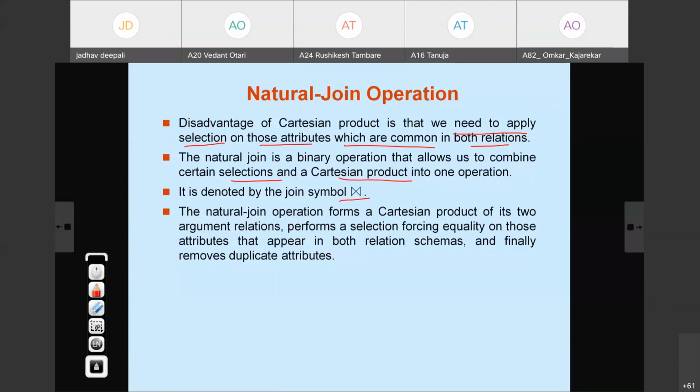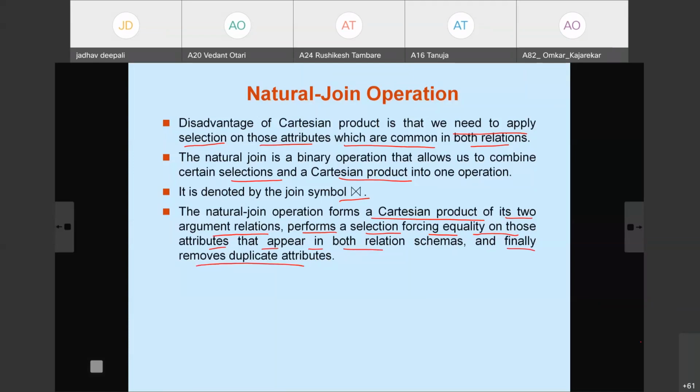How do we define the natural join? The natural join operation forms a Cartesian product of its two argument relations, performs a selection forcing equality on those attributes that appear in both relations, and finally removes the duplicate attributes.